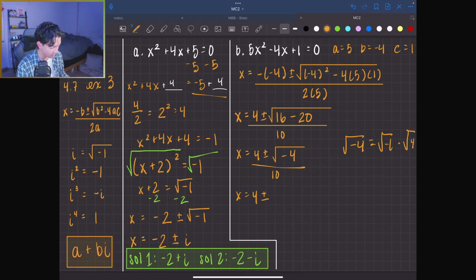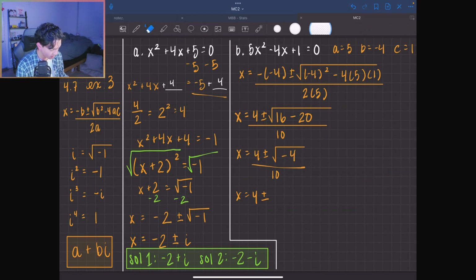And so we have here i times square root of 4, which is 2. So we have 2i. So x equals 4 plus or minus 2i all over 10.